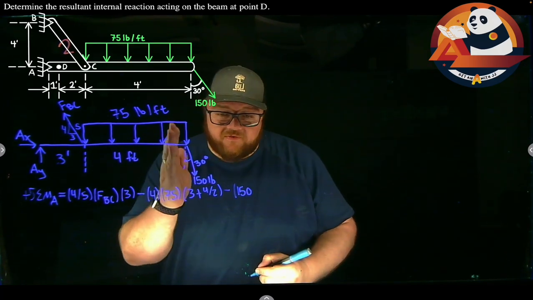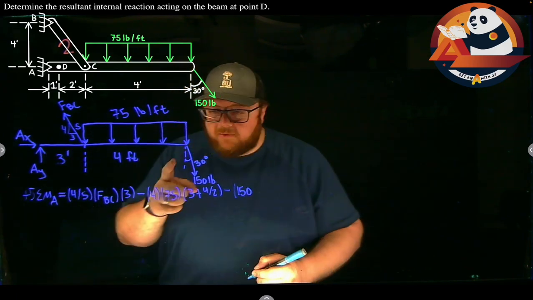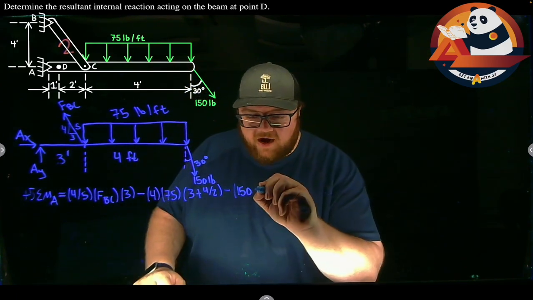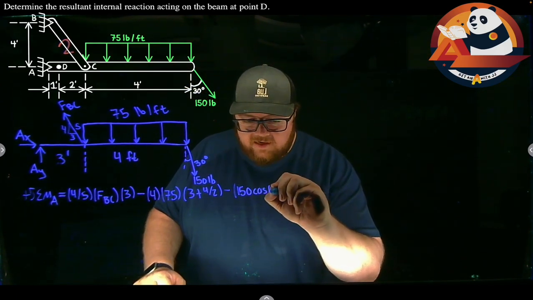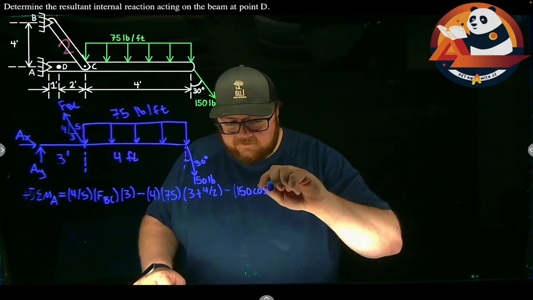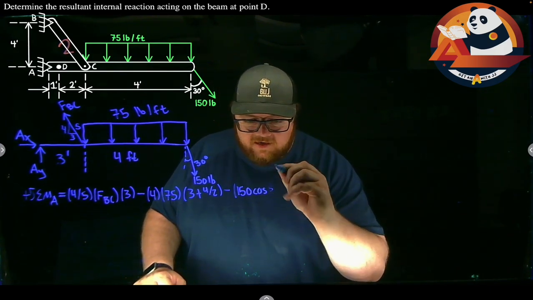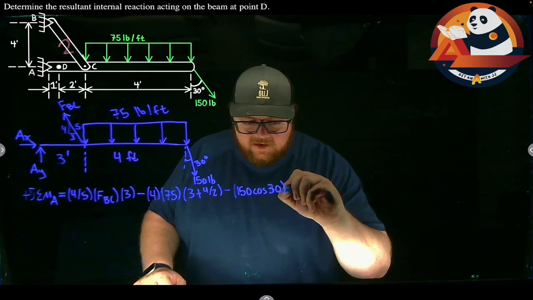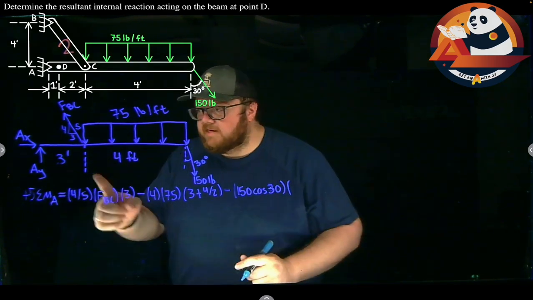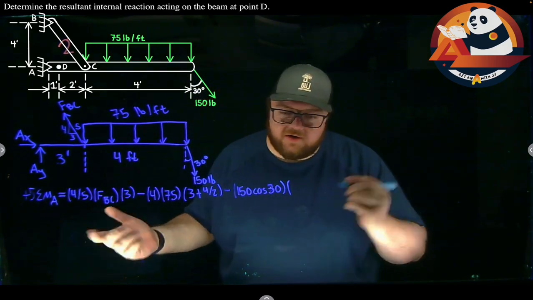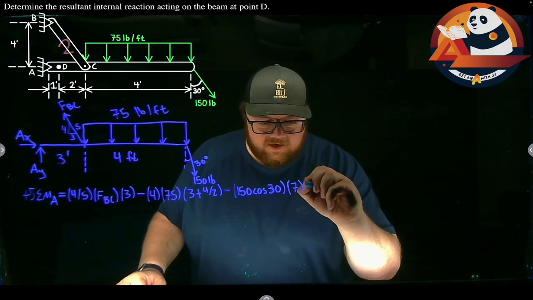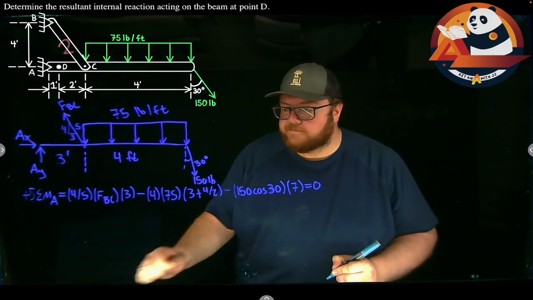My angle's coming from vertical here, so I want to use cosine to get my y component. Cosine of 30. That's my force times my distance is 3 plus 4, 7. Is going to get me to 0.